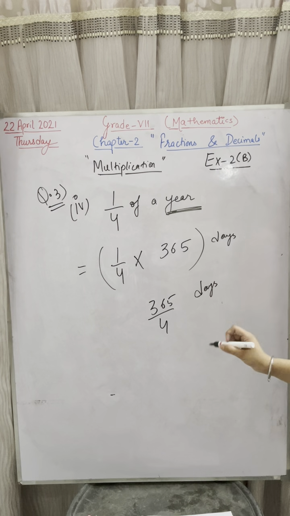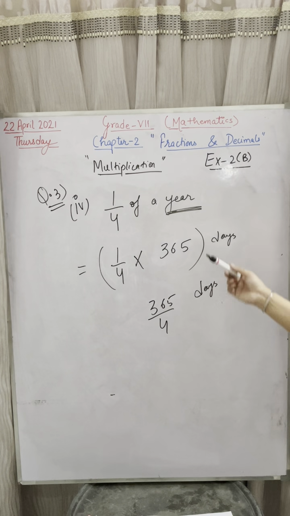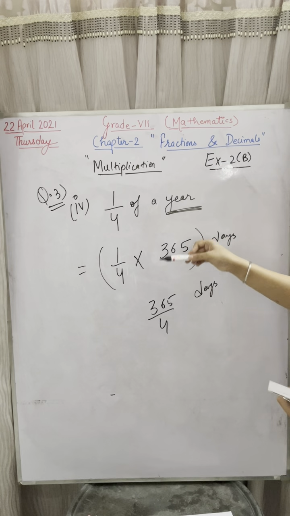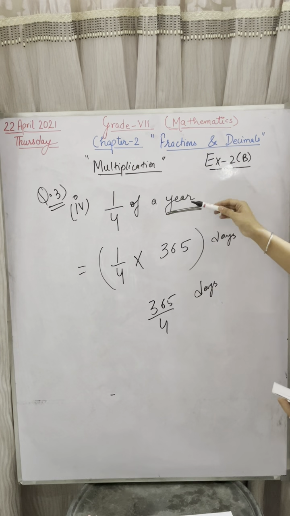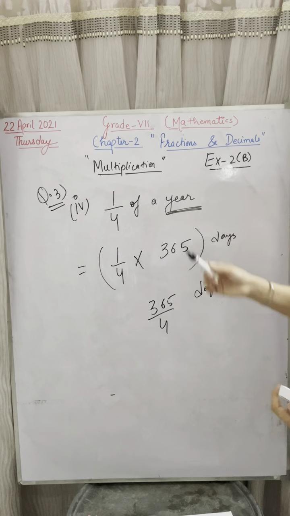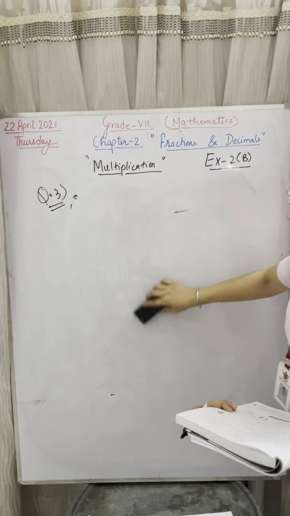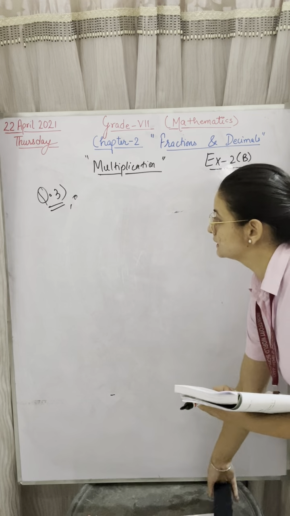Absolutely correct. Conversion is up to you. It is not mentioned that you have to convert only into months. You can convert into days also, or weeks also. Alright, so the next question I'm doing is part 6.